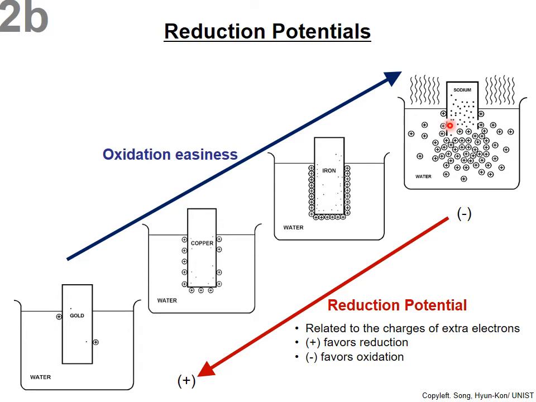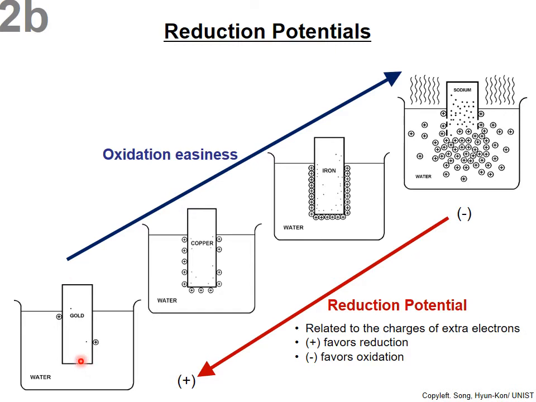So let me say we have 100 positively charged surface species plus 100 extra electrons in the body of sodium metal. So I have said 100 plus with 100 minus inside of the body of sodium.